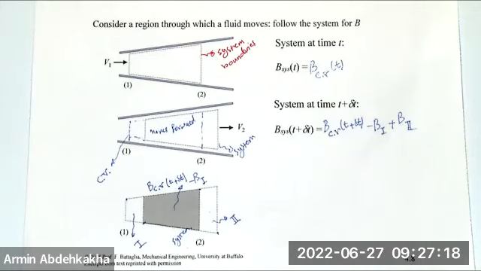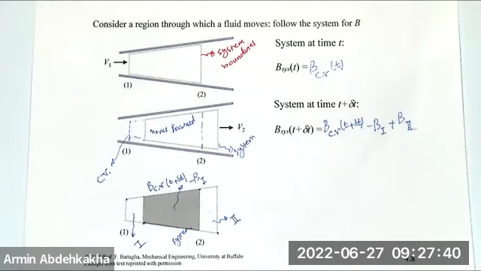Till now, you connected two ways of processing, which are the system analysis and the control volume analysis, just based on the amount of fluid. Why? Because the amount of fluid is your B, and B is going to be any parameter.